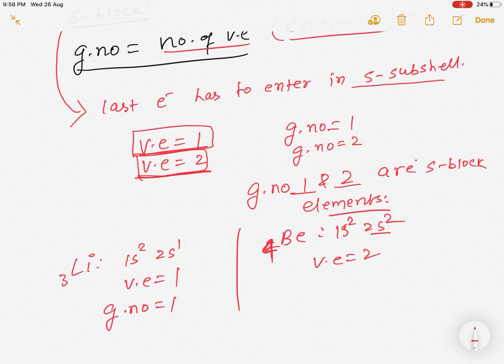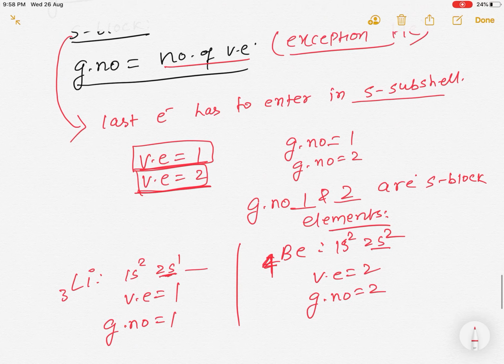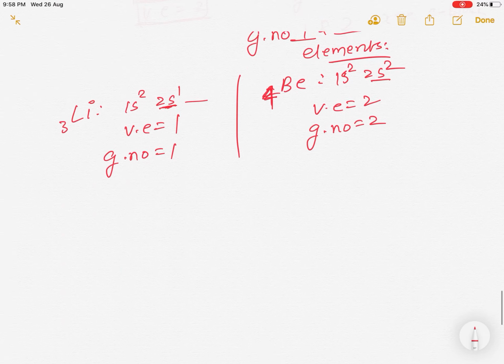Valence electron is 2 and it's an S block element, so group number will be 2. Now what do you see? Since the last electron has to enter the S subshell, there cannot be P in the same shell. So where are you going to find your valence electron? It will be in the S subshell only. So that's how you find the group number for the S block element.